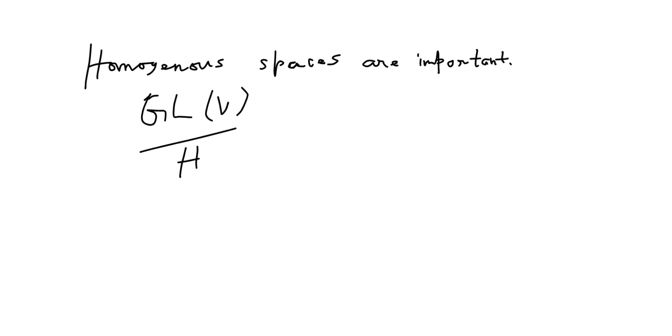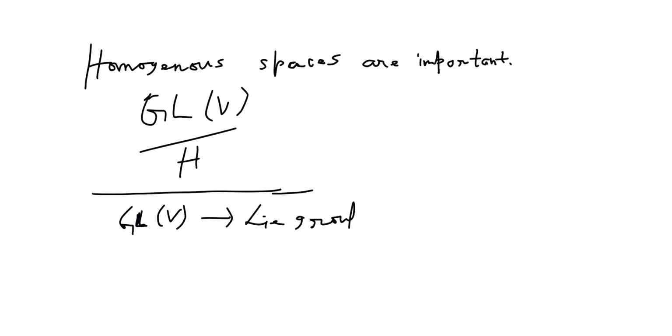Similarly, there are other homogeneous spaces. For example, suppose you take GL(V) itself. These are Lie groups.